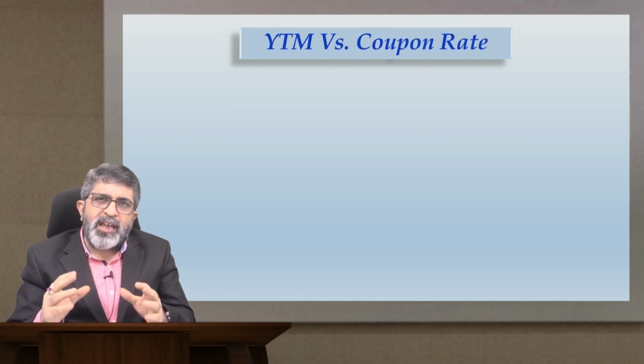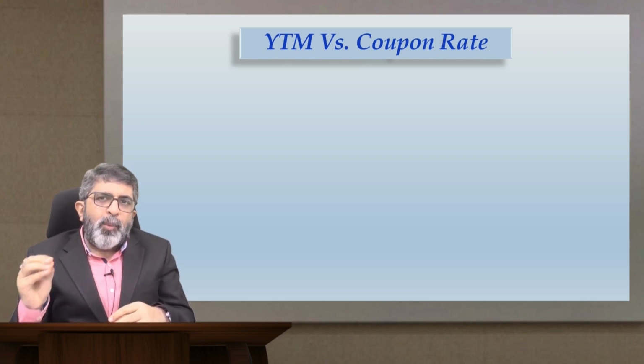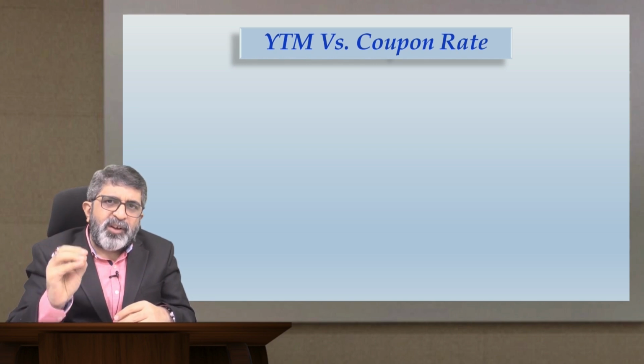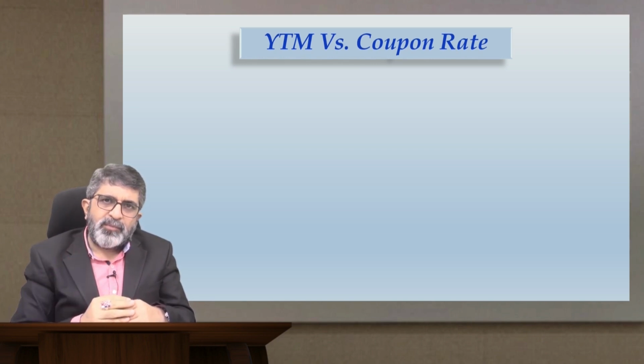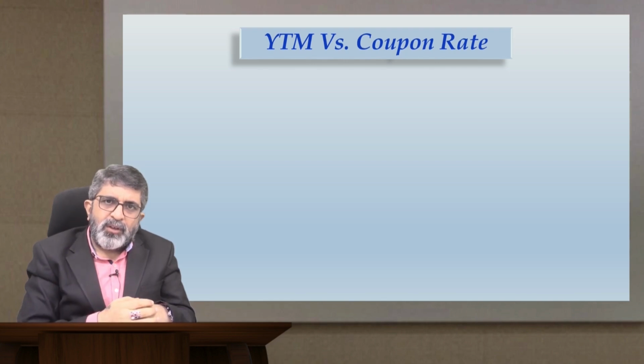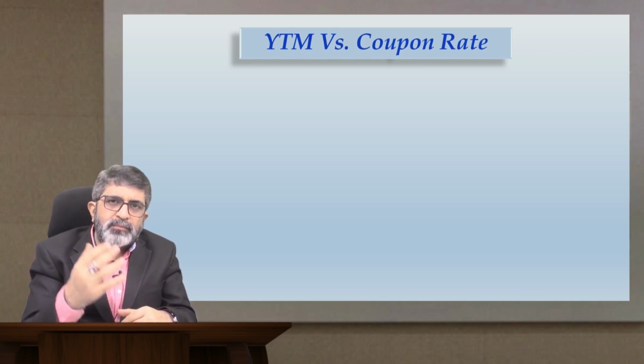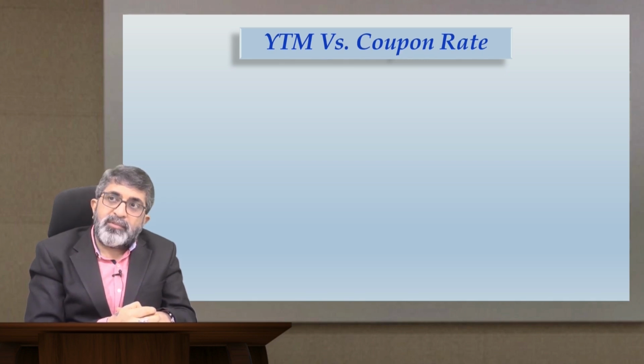If you take some basic examples, suppose a bond is offering a 6% coupon rate. The maturity of the bond is after 5 years, and the required rate of return by the investor is, say, 7%.